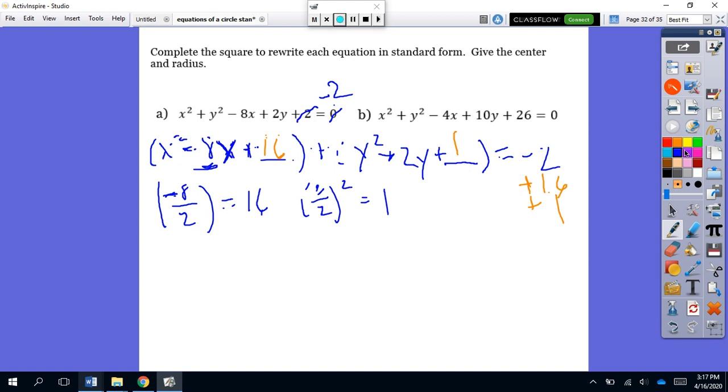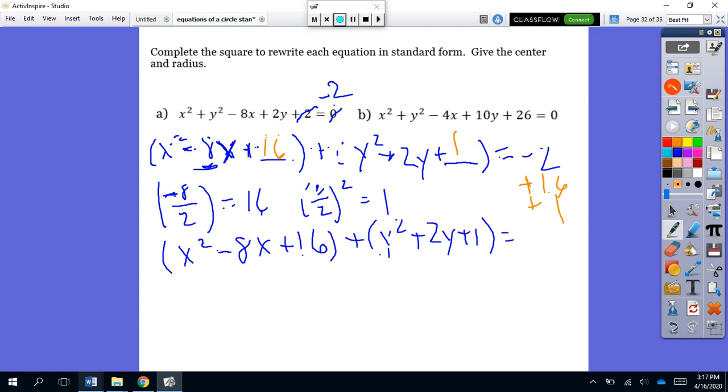Okay, so finishing this problem, we have x squared minus 8x plus 16 plus y squared plus 2y plus 1 equals 15. Now I want factors of 16 that add up to negative 8. Remember I said if you just take half of this middle number, that will give you the number you're looking for. So that would be negative 4. So this is going to be x minus 4 squared plus half of 2 is 1, and that's positive.